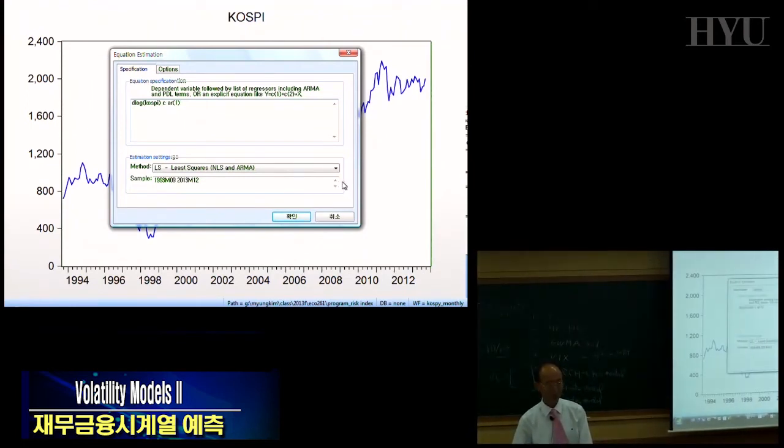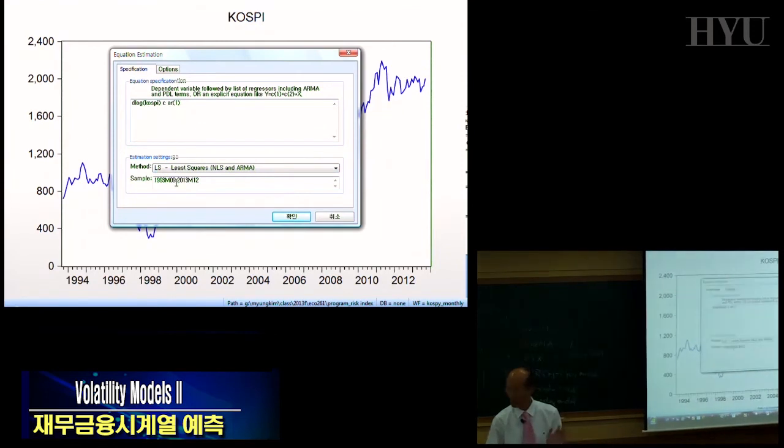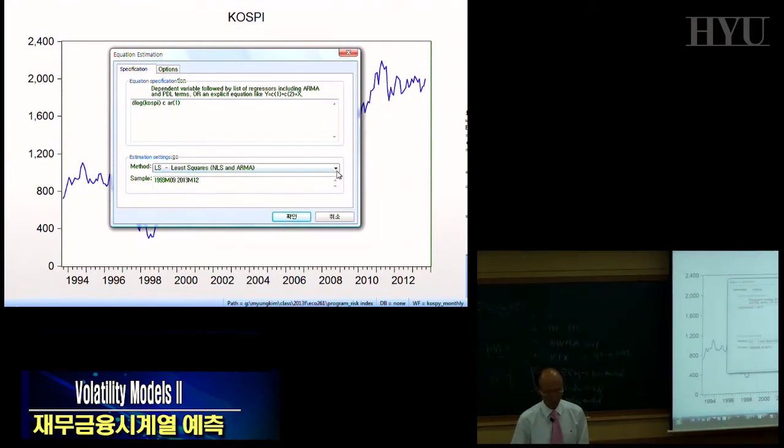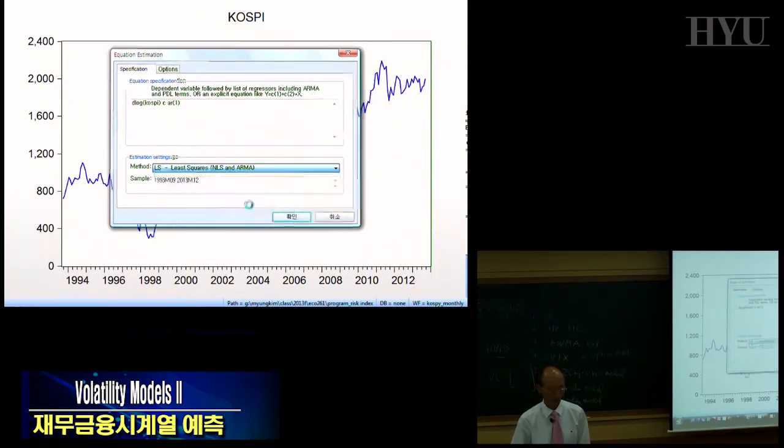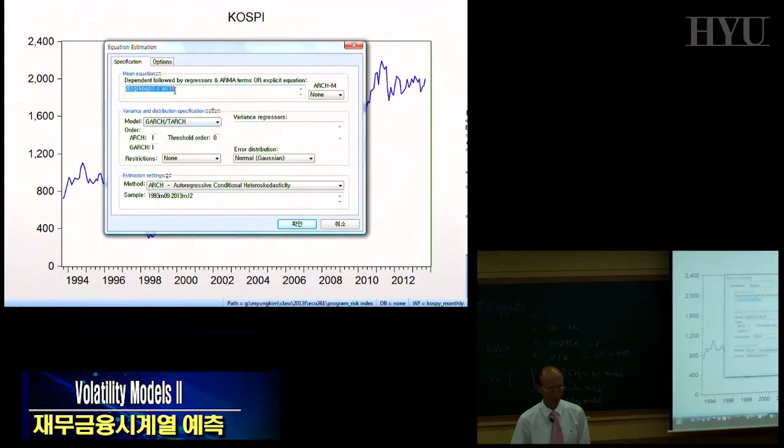And then the variance, well, this is the dialog box for least squares. We are not using this one. We are using maximum likelihood estimation, right? And you can find it here, ARCH. Okay, ARCH. So this one stays the same.